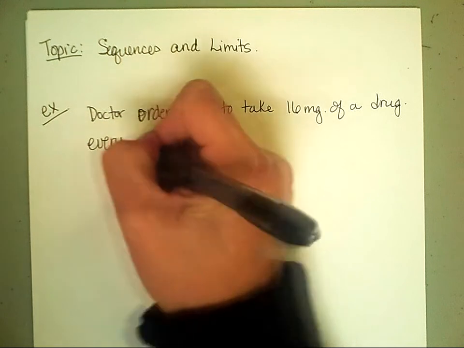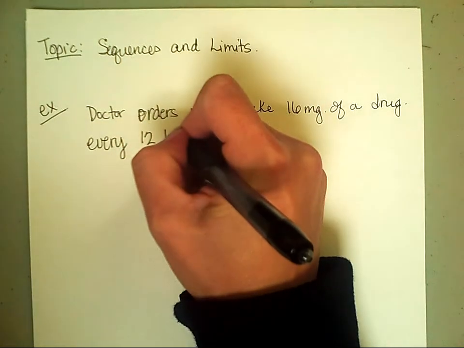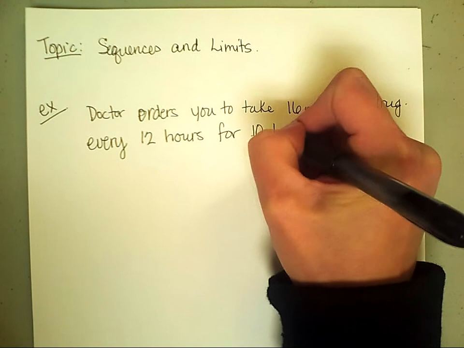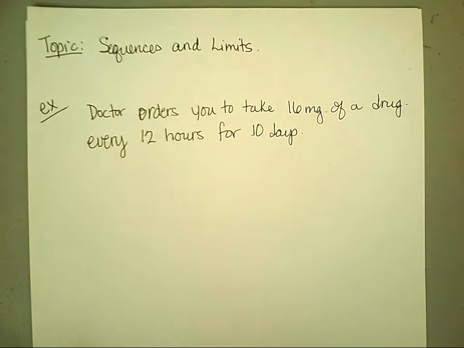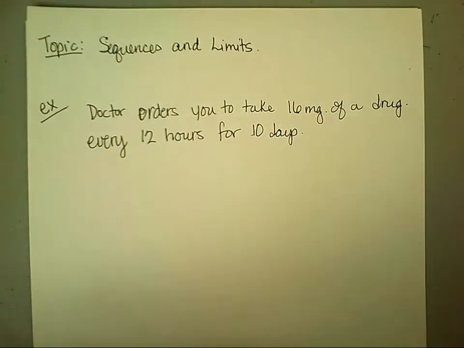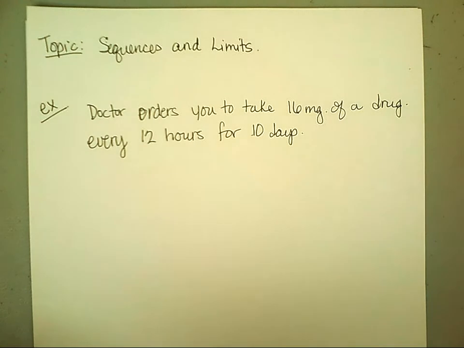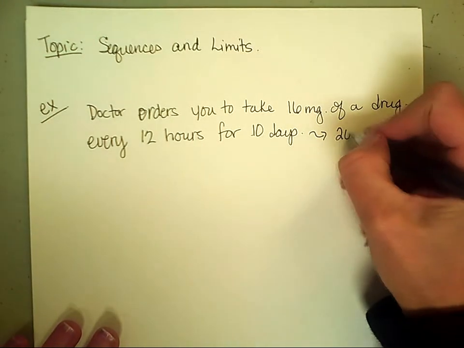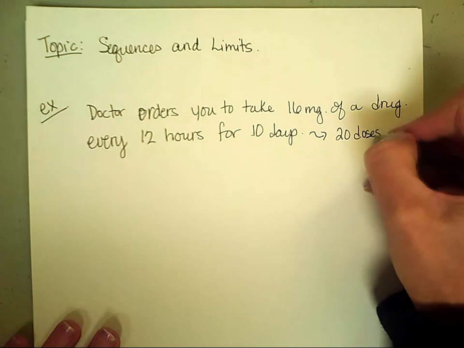You'll do this every 12 hours for 10 days. So this is how we're prescribed. We're supposed to take 16 milligrams of this drug every 12 hours for 10 days. That means we're going to have 20 doses to take in total.